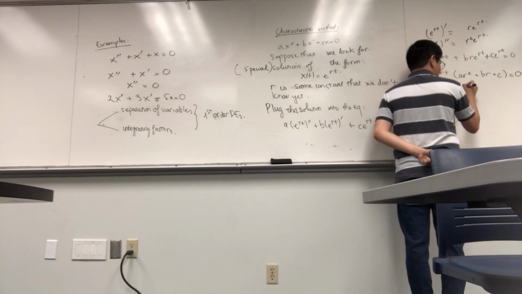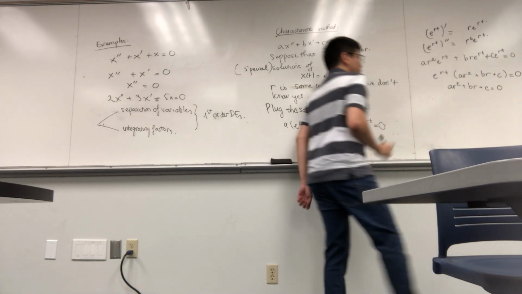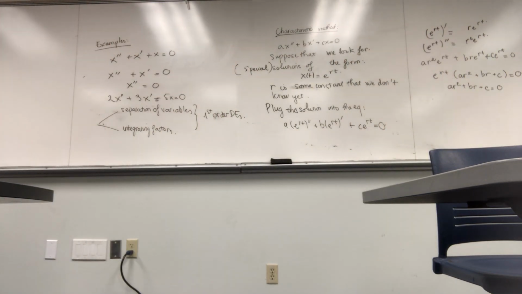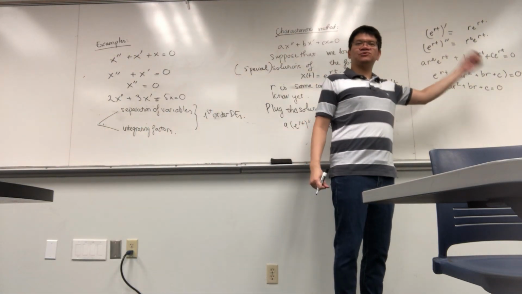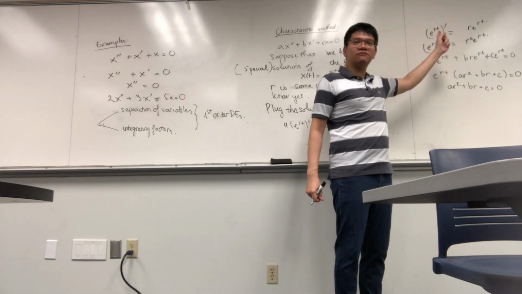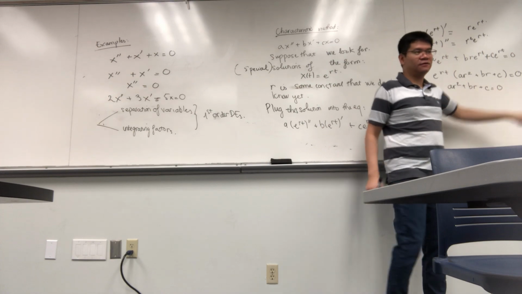So you have a r squared plus b r plus c equals 0. This is a very good point: you reduce a second order differential equation into a standard equation.